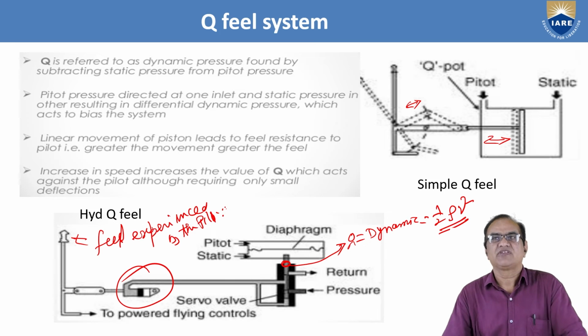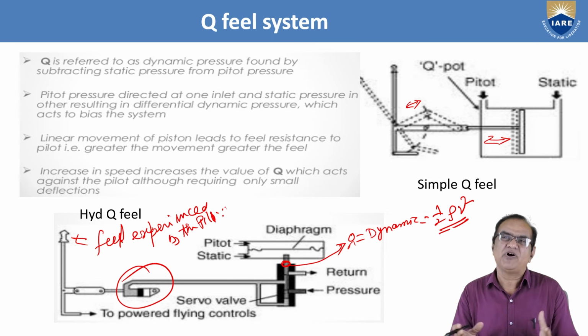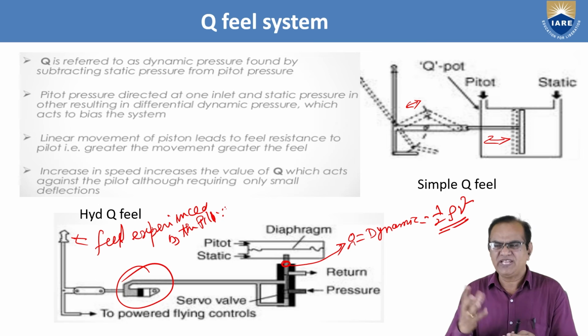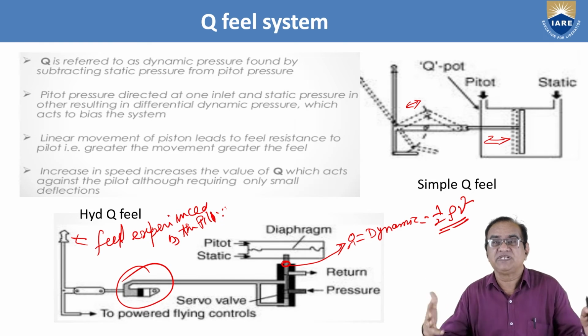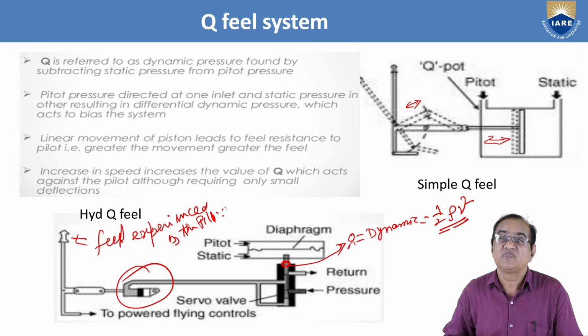In this way the Q feel is working. This is a very small but very important piece of equipment, but the pilot will experience how much speed, how much force, how much load your aircraft is experiencing. It has to be felt.